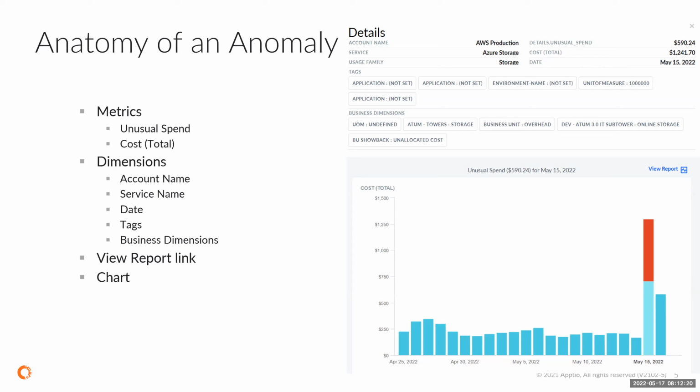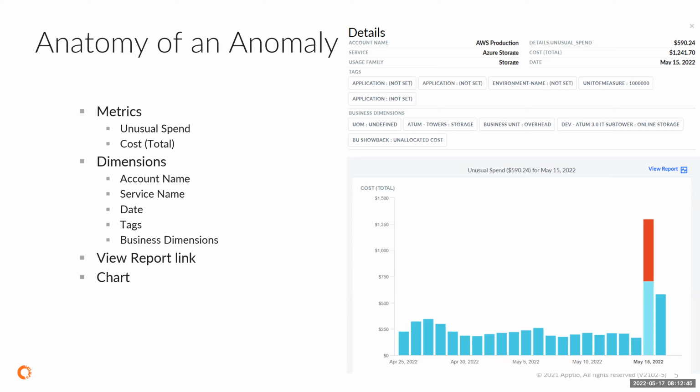If you pull up a report, there's that view report link on the top right of the chart. That view report link is very important to be able to investigate anomalies. The report link is going to have all of these dimensions as filters so that we get exactly this same set of resources.